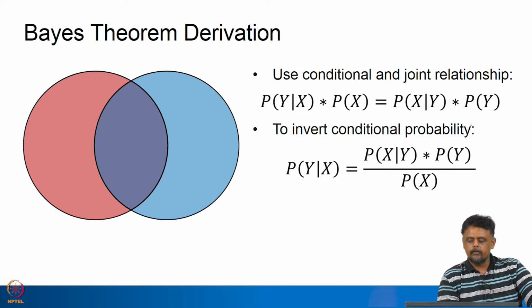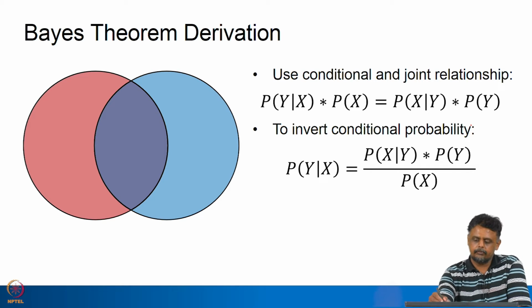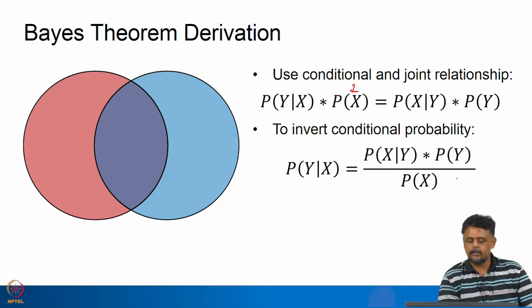If you invert the probabilities, using this relationship and bringing p of x to the denominator on the right hand side, we get p of y given x, the conditional probability of y given x, in terms of the conditional probability of x given y and the individual probabilities of x and y.